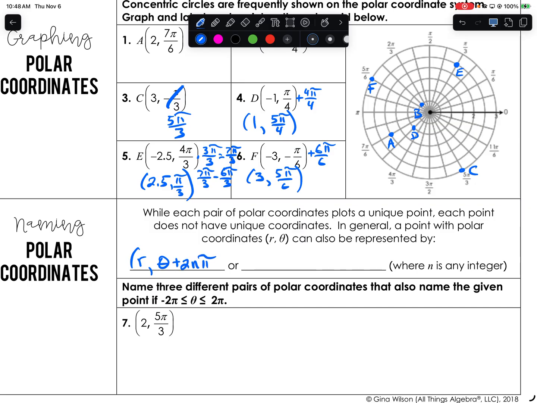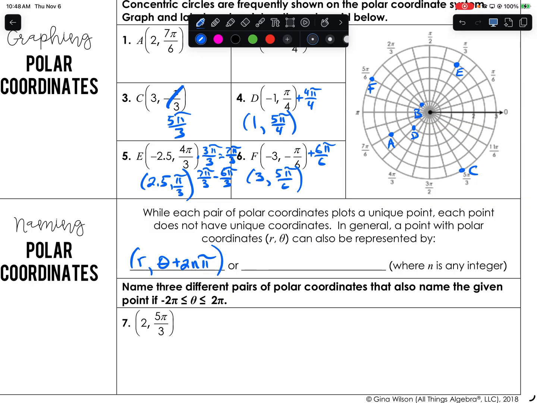So remember in the last test where we were finding values on the unit circle, the range of domain values was from negative infinity to positive infinity, and we had to add 2n pi, or if it was tangent, we'd add n pi. So that's kind of the thought process here. So that's one of them.